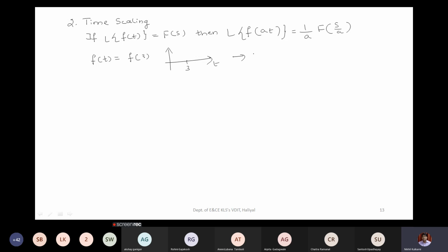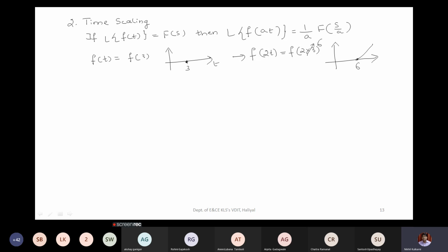Now, if I write f of 2t instead of f of t, that implies f of 2 into 3, that will be 6. So the function which was supposed to start at 3 is scaled by an amount 2 times. That is nothing but it is going to start at 6.